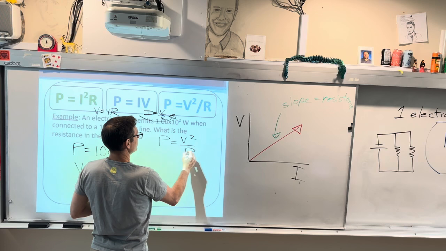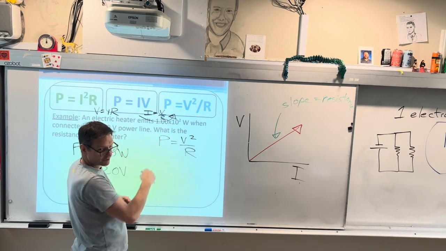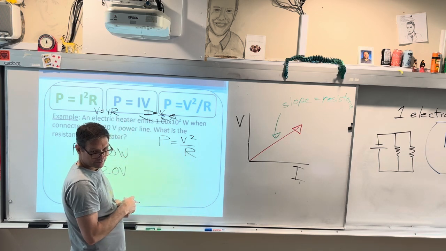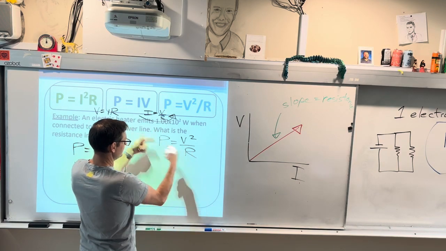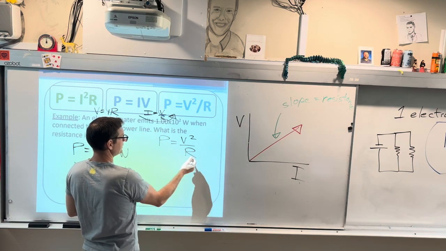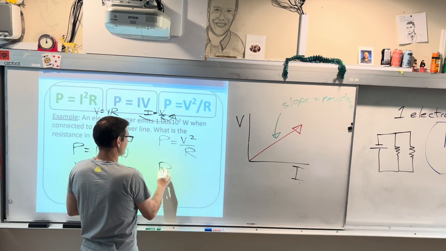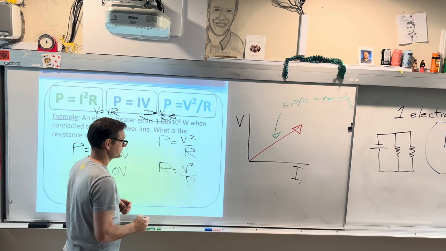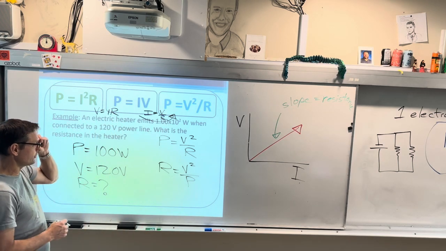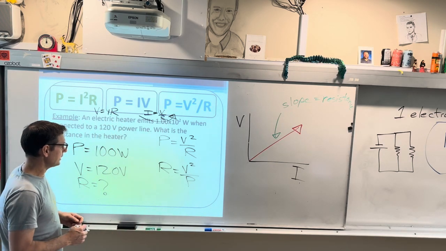So we have V squared over R. How do we solve this formula for R? Yeah, you just put the R up and the P comes down. You can divide both sides by P and times both sides by R, and you're going to have R equals V squared over P. Just kind of simple three variable algebra.